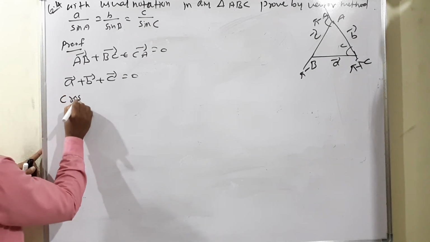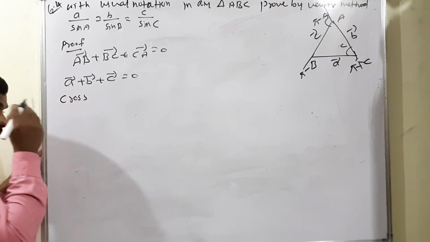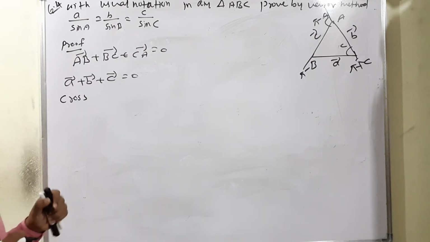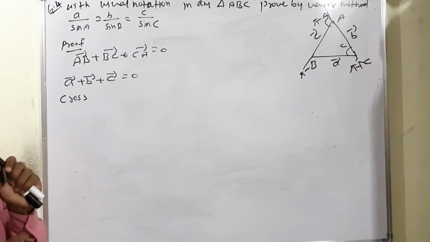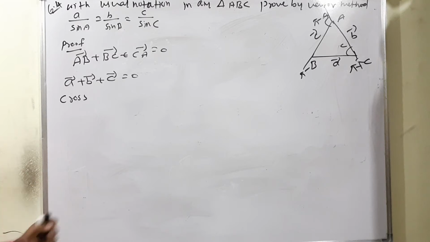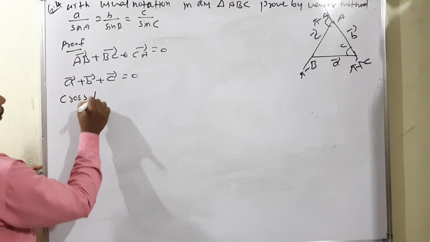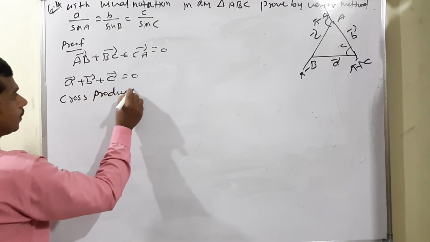Already we have done this in example 6.2, where we took dot product on both sides, but here we need to apply cross product.